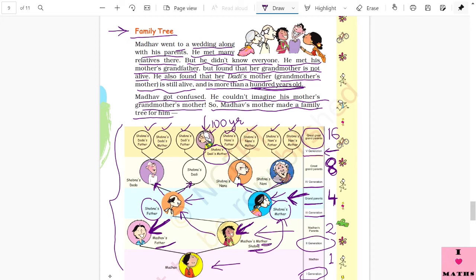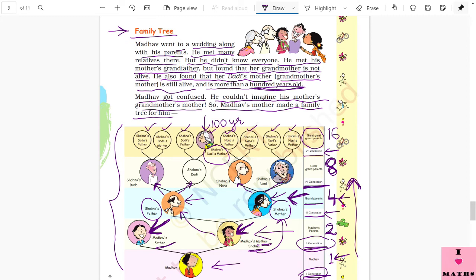Now see children, observe one thing. As we move up the generation, the number of people become double. In the first generation, there was one person, Madhav. In second generation, 2 people are there. 1 multiplied by 2 gives us 2. In the third generation, there are 4 people. 2 multiplied by 2 is 4.